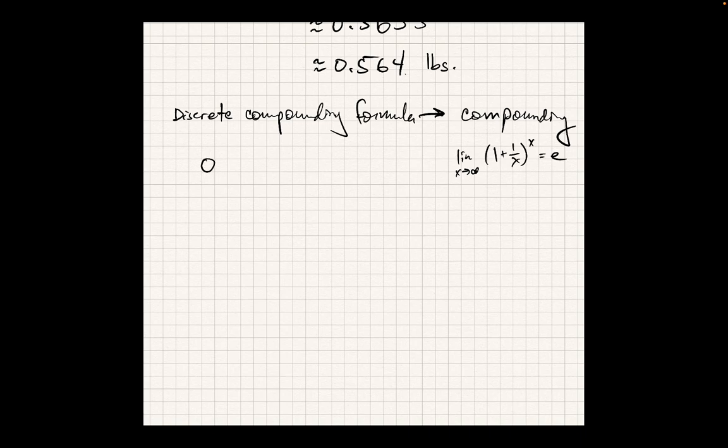P. Yes, P. And then what happens at the end of the first year? It's not P plus 1. They don't add $1. It's your principal times your rate, right?